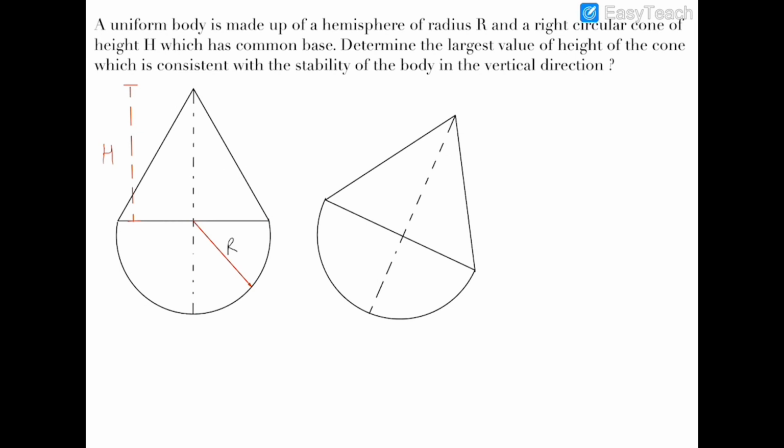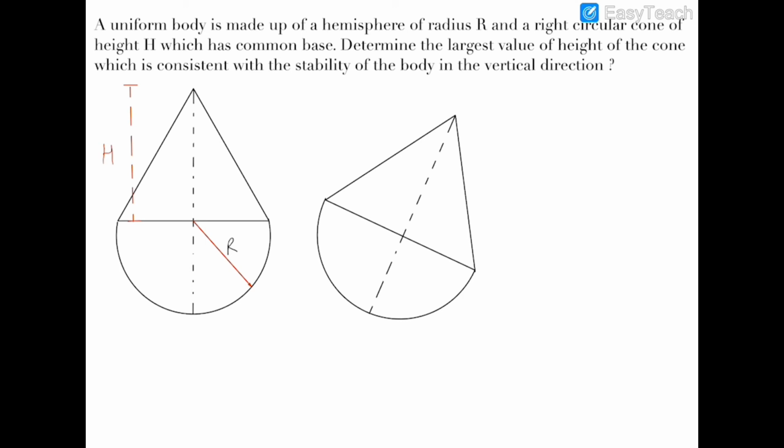In this question, which is based on the stability of objects, a uniform body is made up of a hemisphere. This is the hemisphere of radius r, and this hemisphere is mounted just below a circular cone of height h, and this cone is a solid cone, and their base is common.